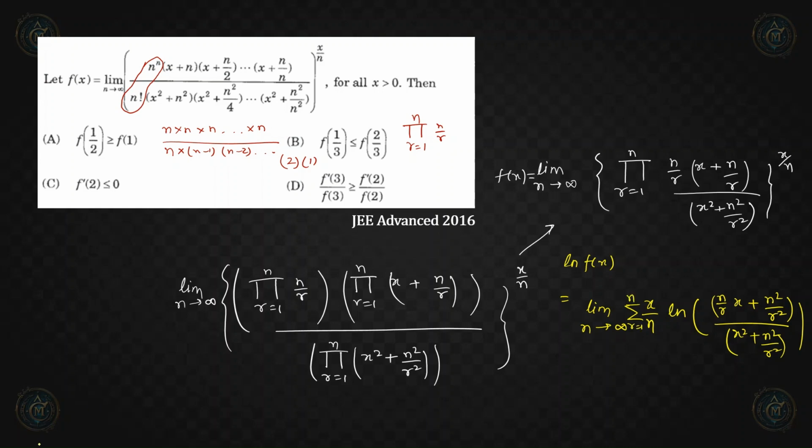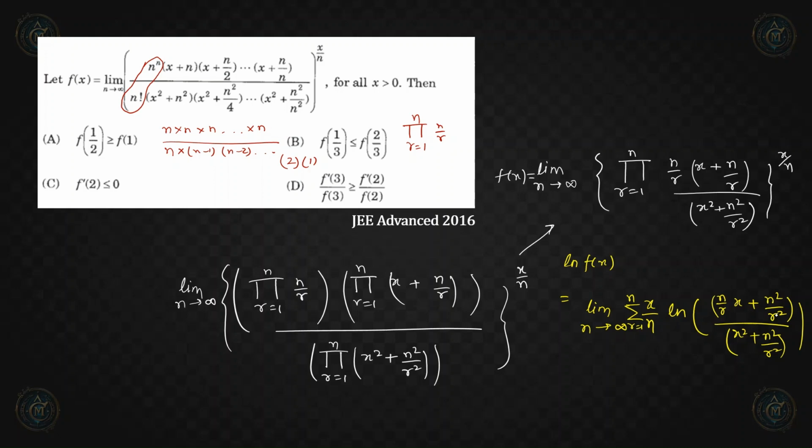So let us go to the next page. That means we got log of f of x equal to limit n tending to infinity x by n summation r equal to 1 to n log of this thing, where we can multiply r square divided by n square in both numerator and denominator.